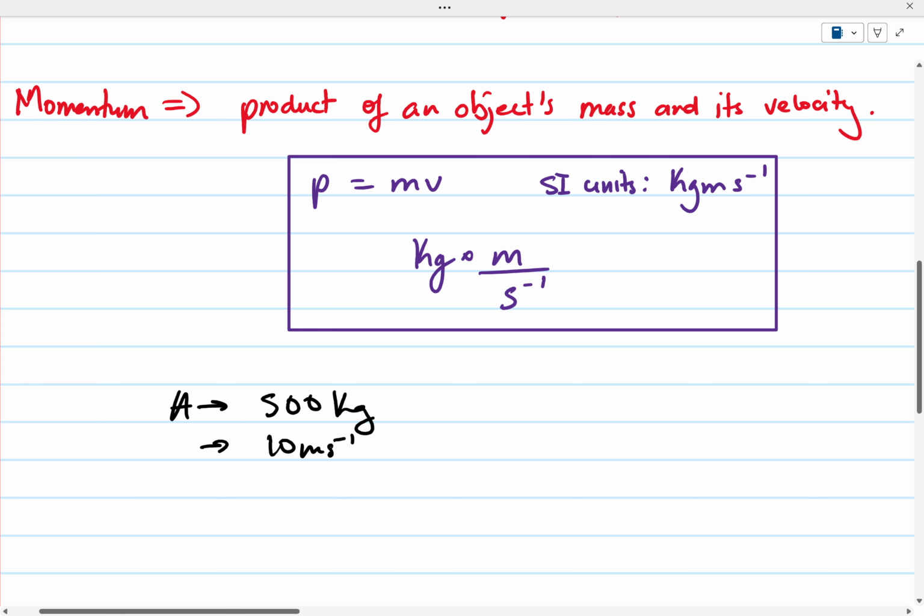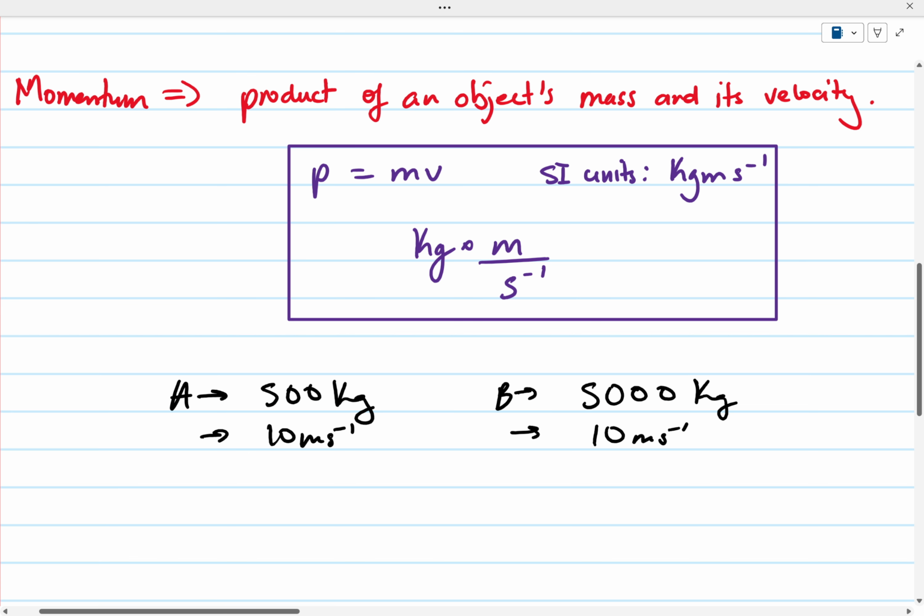And then we have object B, which is 5,000 kilograms, moving at 10 meters per second. Which object has a greater momentum, object A or object B? Let's check in the chat now. Object A or object B, which one has the greater momentum? B. So this has the greater momentum.